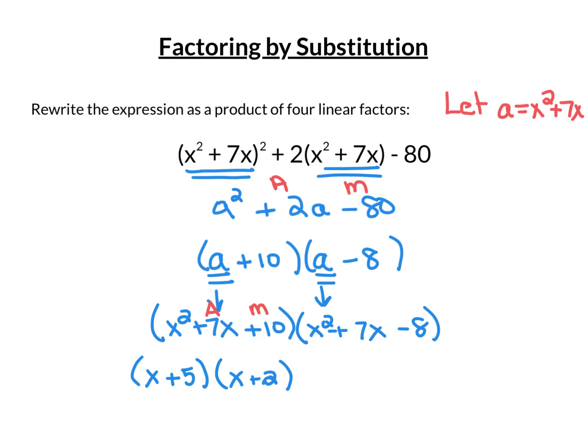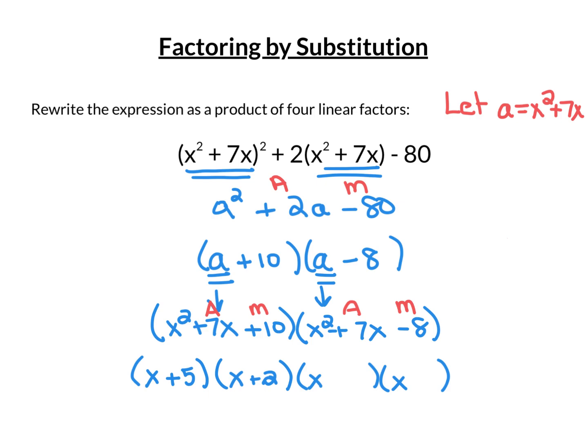Okay, and then here we need to factor this trinomial. So again, let's set up 2 sets of parentheses. Since this is an x squared, we can put an x and an x. And this time we have to come up with 2 numbers that add to 7, but multiply to negative 8. Okay, so if they multiply to a negative, they're going to have different signs.